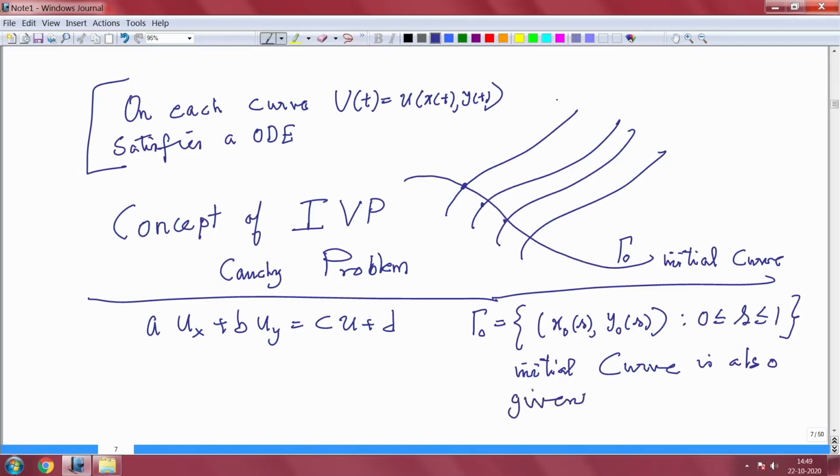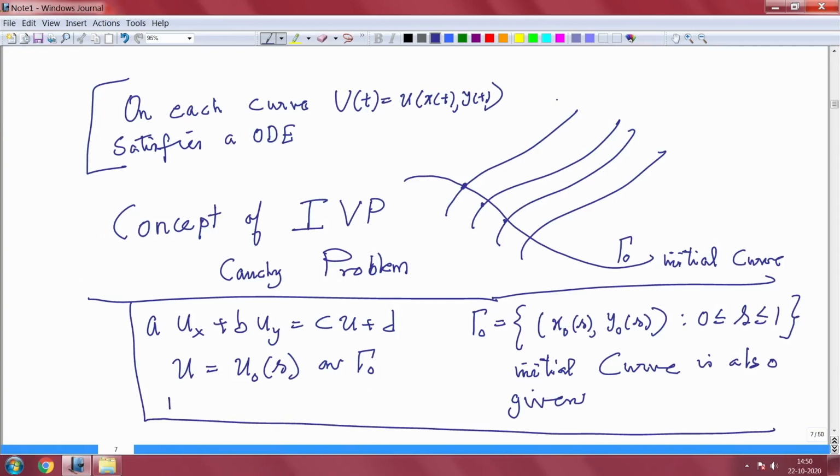Okay. And on that initial curve, the value of u is equal to u naught(s) on gamma naught.